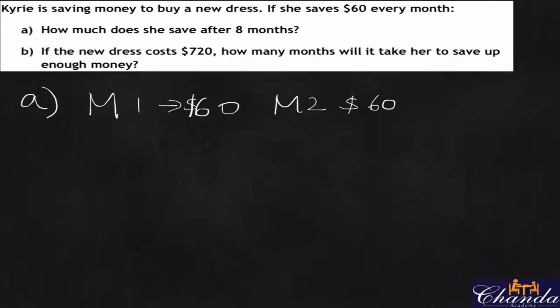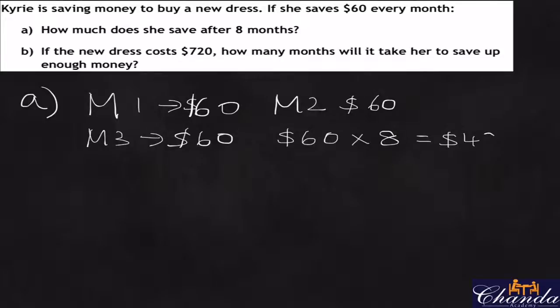Month 3, same thing, $60. However, as we can see, this is a long way of doing it. Now, if she saves $60 every month for 8 months, that's simply 60 times 8, which is $480. So she saves $480 after 8 months.